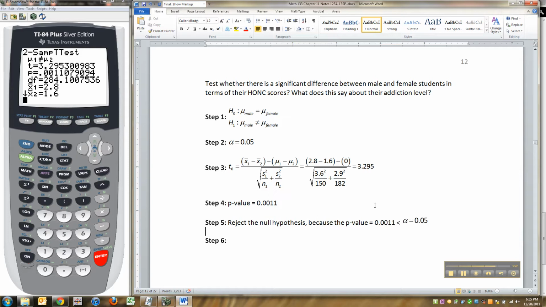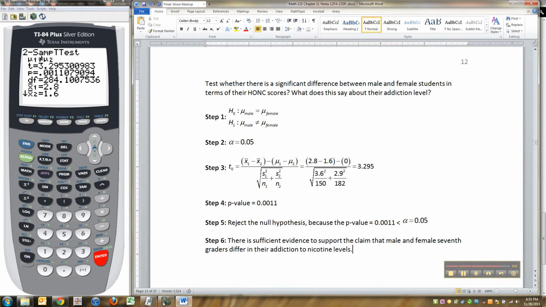And remember, when you reject, you say there is sufficient evidence to support the claim that male and female 7th graders differ in their addiction to nicotine levels.